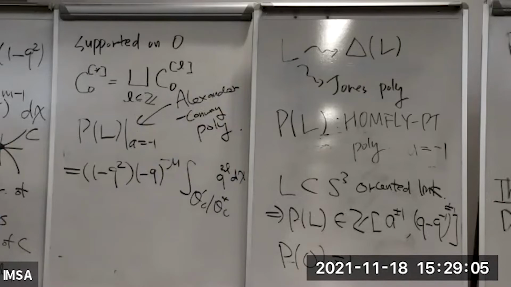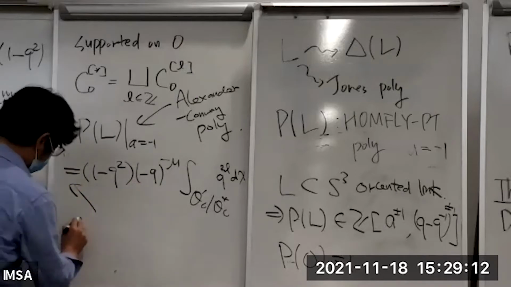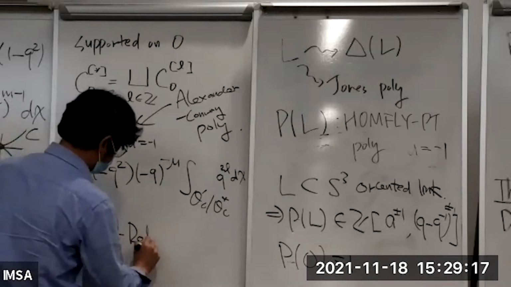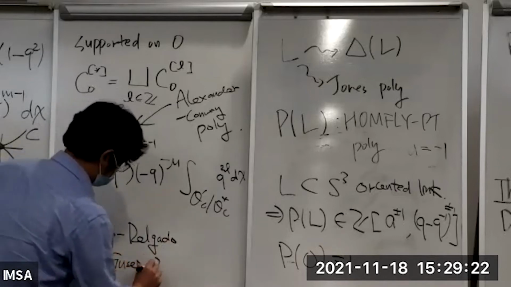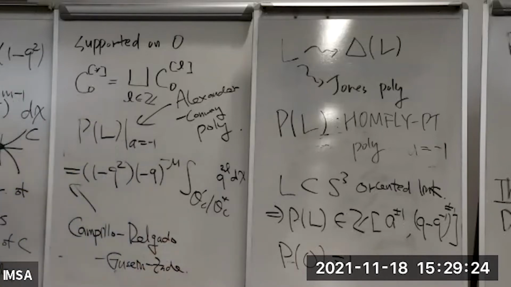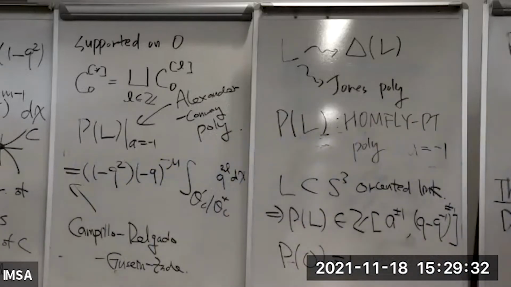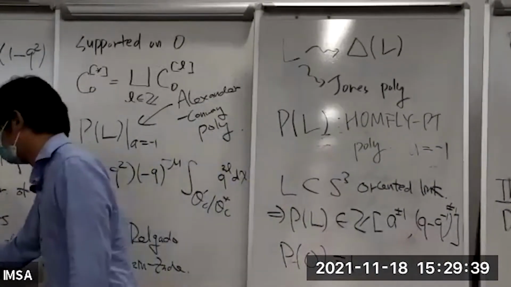When I specialize a to be -1, then I obtain this formula, and this was indeed already known by Kyoung-Seog Lee. So in any case, the Alexander polynomial can be expressed in terms of algebraic geometry. So that's all right. And so in both cases, this Hilbert scheme plays a very important role.